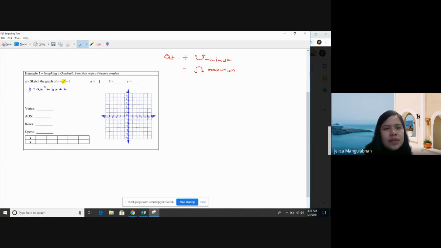Since we do not have a number beside an x, you're right. The b value is 0 because we do not have an x term.